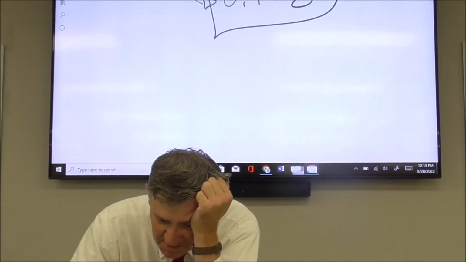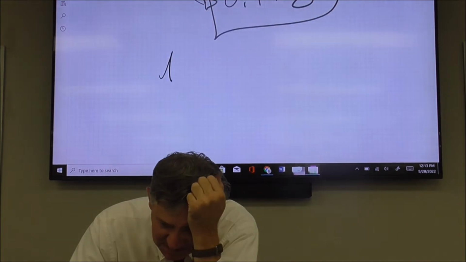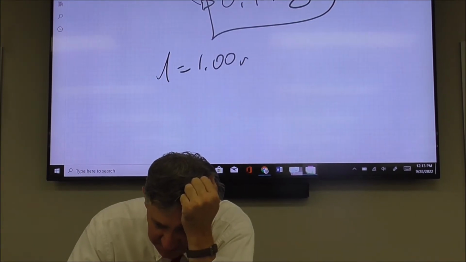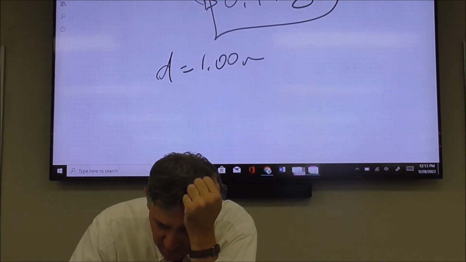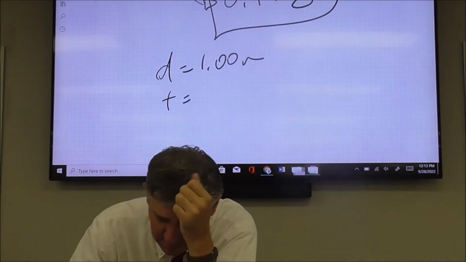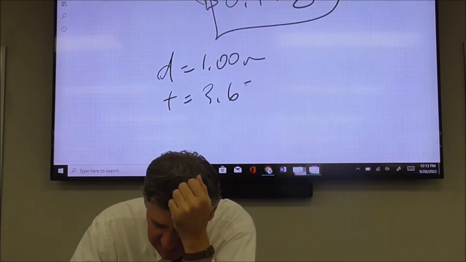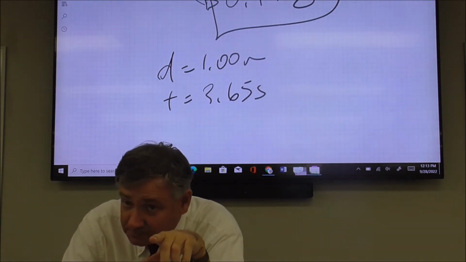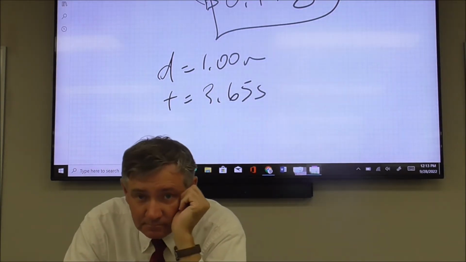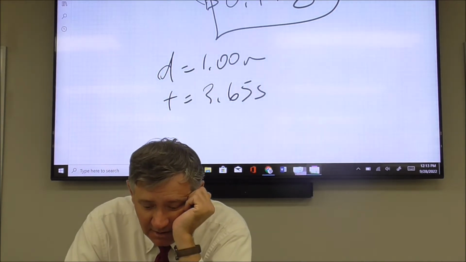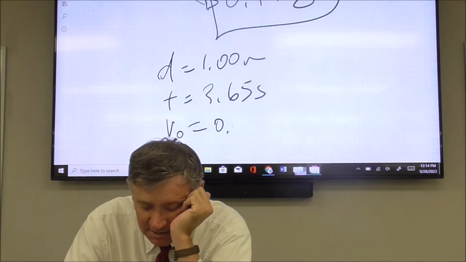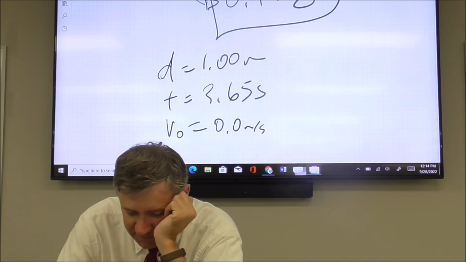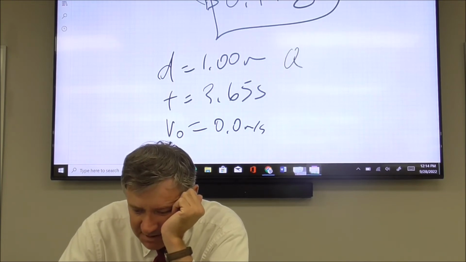So we know the distance was 1 meter. We know the time was 3.65 seconds. What else do we know? The initial velocity, v naught, is 0. And I want to calculate the acceleration.